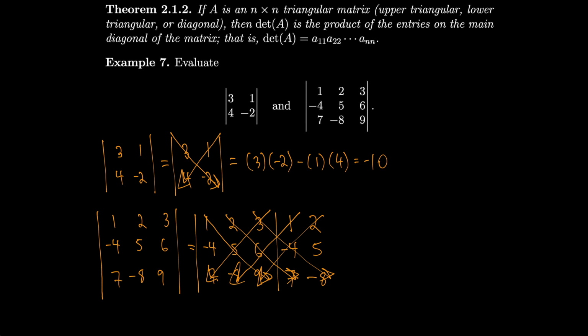So I'll end up with 45 for my first arrow plus 84 for my second arrow plus 96 minus 105 minus 48 minus 72 for all my left arrows, and that's just 240.